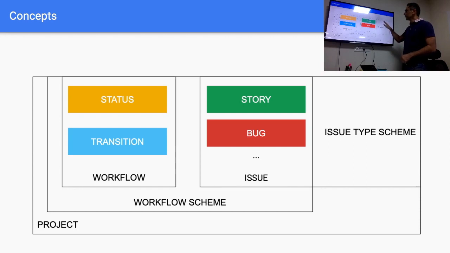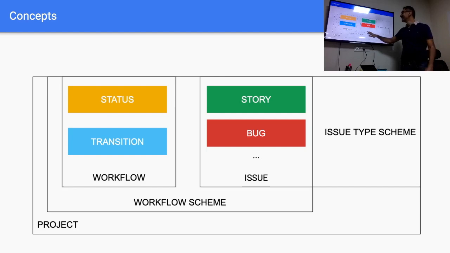So as you can see here, there are basically issues, there are workflows, and then that gets abstracted out into issue type schemes, workflow schemes, projects. We'll touch upon these one by one, but just a quick show of hands, how many of you feel like you know what issues are? Okay, I'm not going to quiz you further.